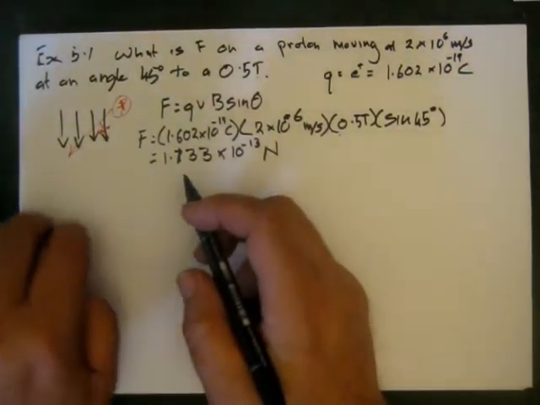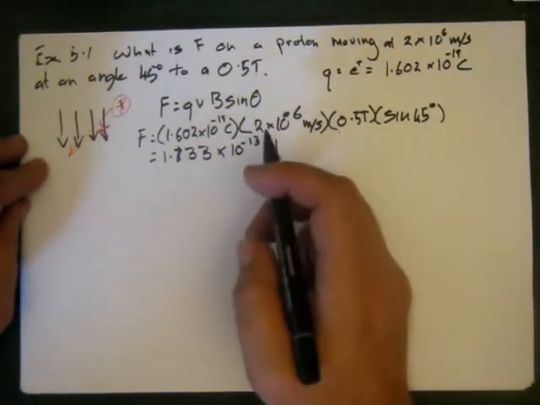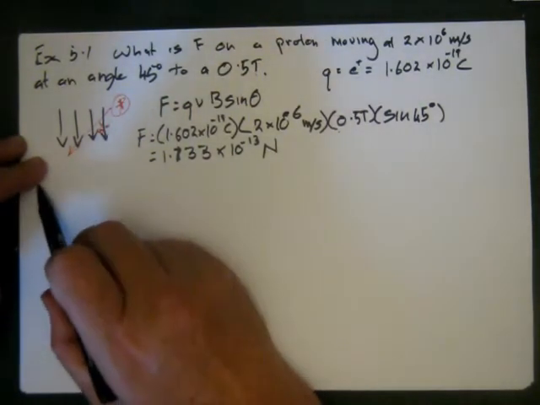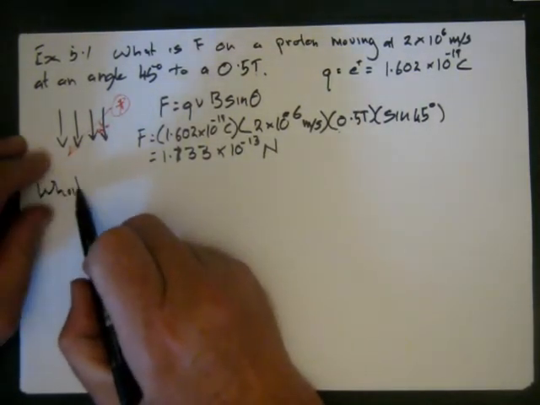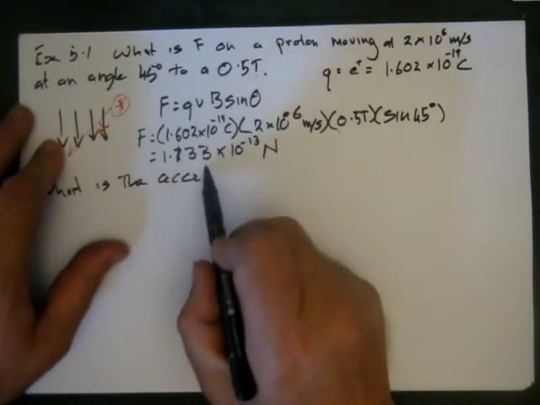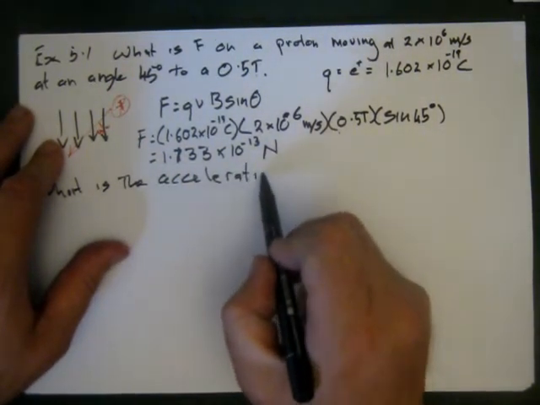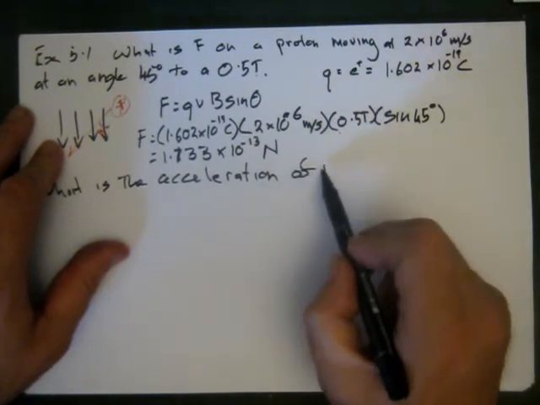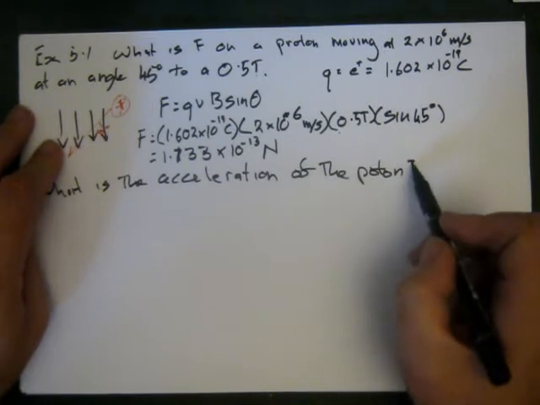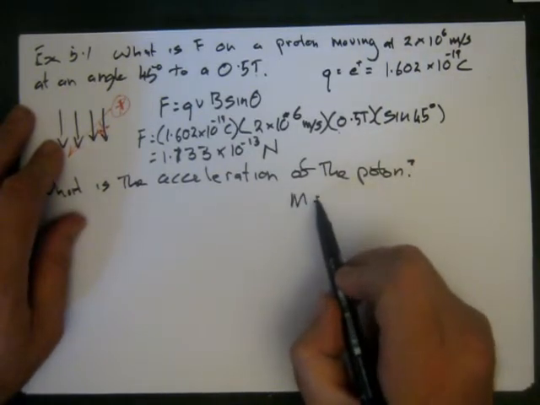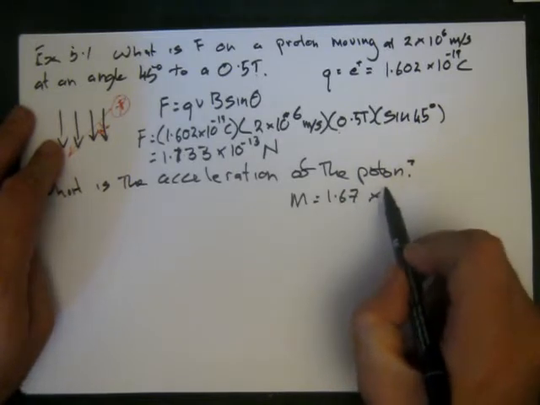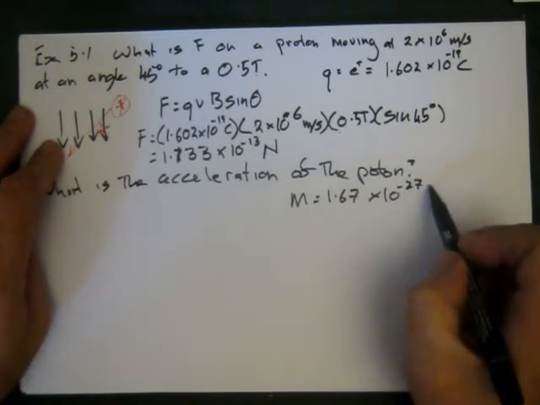So that's actually part 2 of this question. What is the acceleration of the proton? Well, we can look it up. Mass is going to equal 1.67 times 10 to the negative 27 kg.